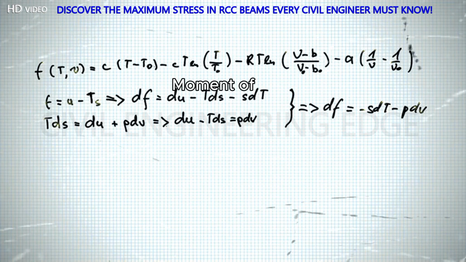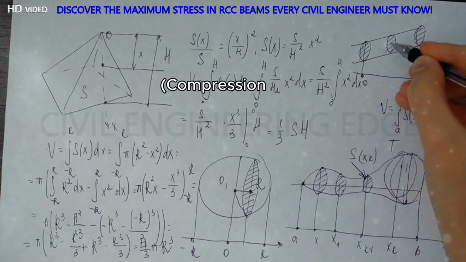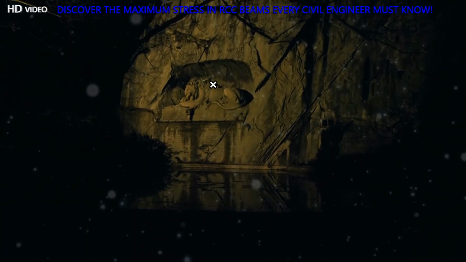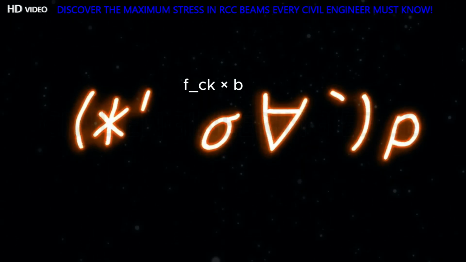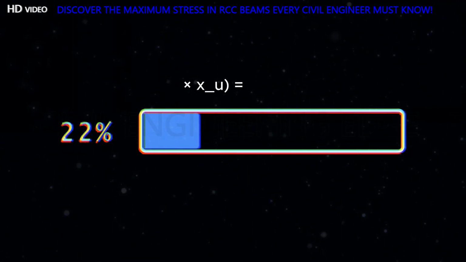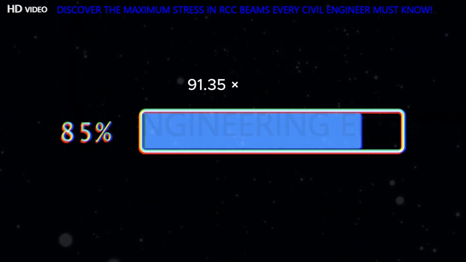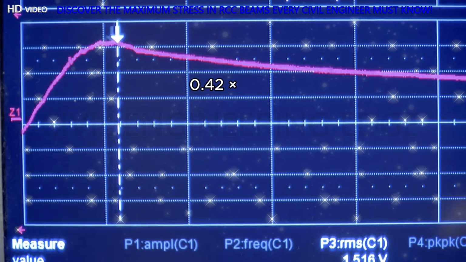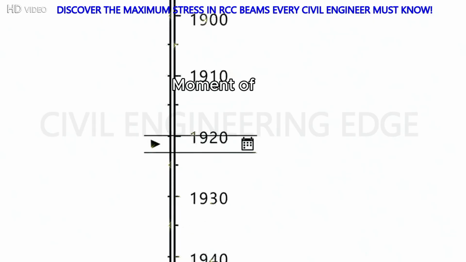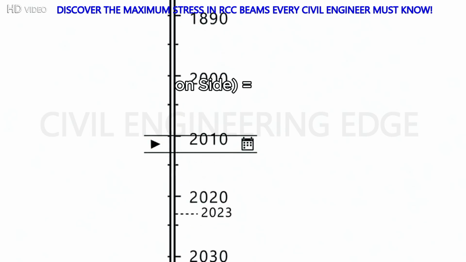Step 6, calculate moment of resistance, MR. MR compression side, M_R,comp equals 0.36 times f_ck times B times x_u times (d minus 0.42 times x_u) equals 0.36 times 20 times 200 times 91.35 times (375 minus 0.42 times 91.35) equals 30 kNm.